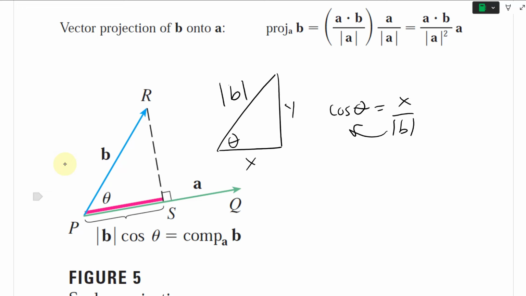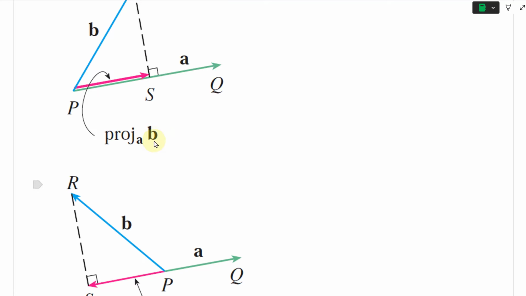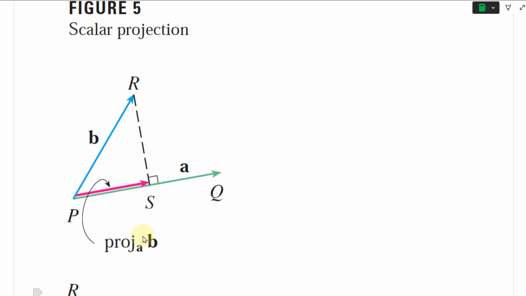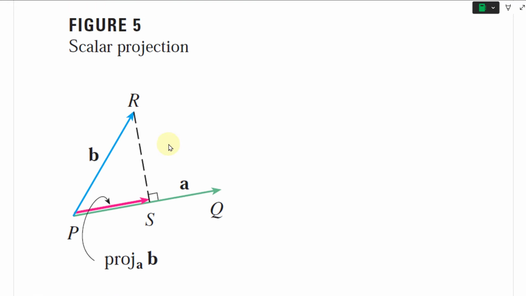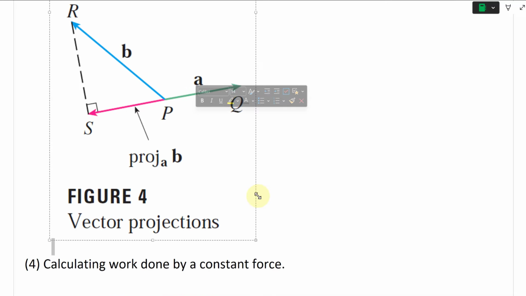Move this over and you get the length of B times cosine theta is equal to the x component, or the projection of B onto A. And there's also the projection of A onto B. You just draw the vector with a direction, while this one is an actual length. Also you can go in the reverse direction: if the angle is on the opposite side, it's the same thing but negative. So that's vector projections.